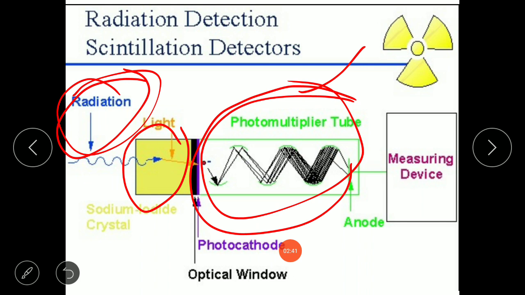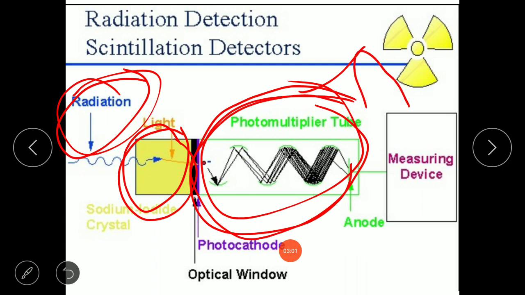Therefore each particle, whenever it strikes the crystal, produces a flash of light, and that flash of light is amplified by the photomultiplier tube, producing a pulse of anode current at the output of the photomultiplier.